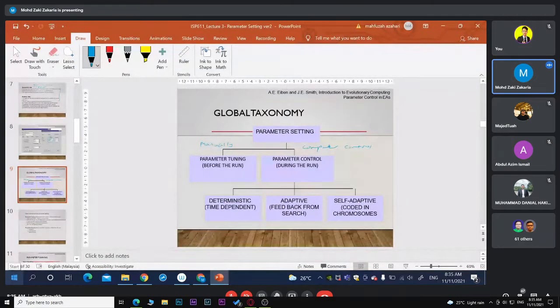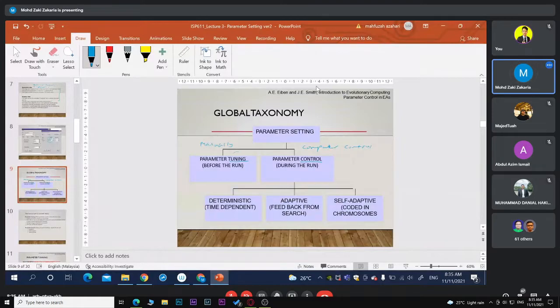Okay, manual means before we run the system, we need to define or set the number of population, mutation rate, and so on. And this type we call parameter tuning. But the other type we call parameter control.